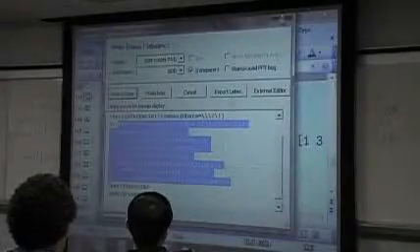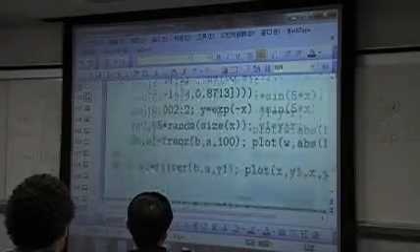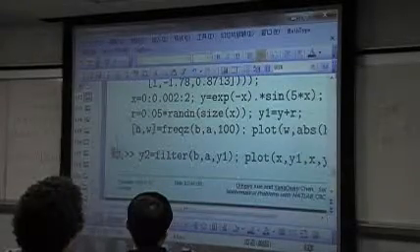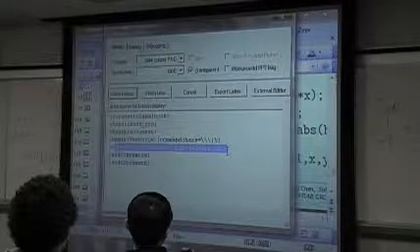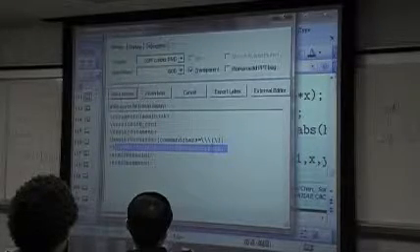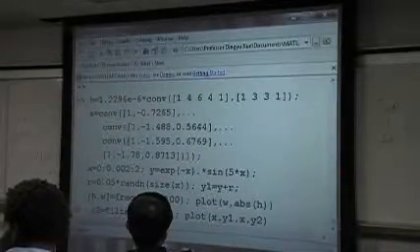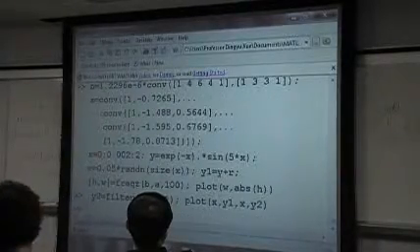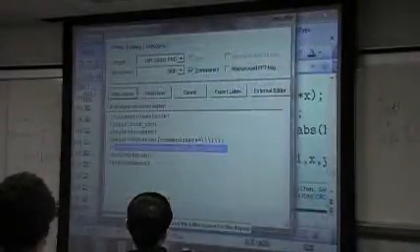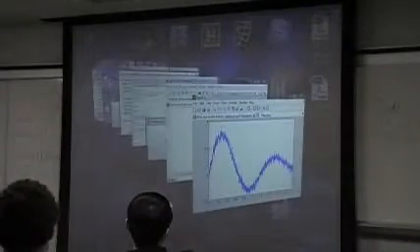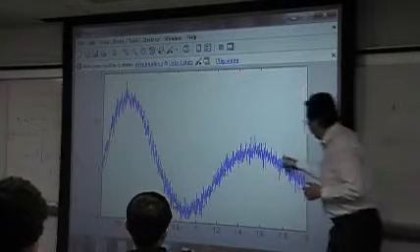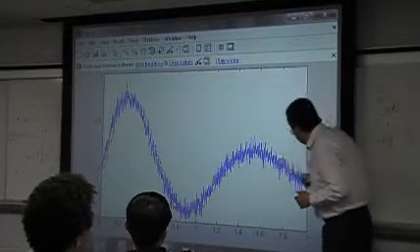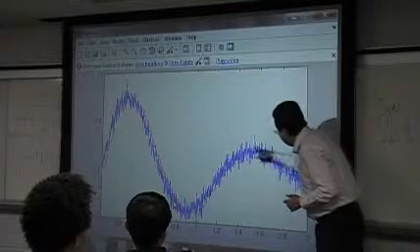This is the filter itself. Okay. I will explain this one later to you, how it works. You see, this one is the original signal, and you can see the green one.